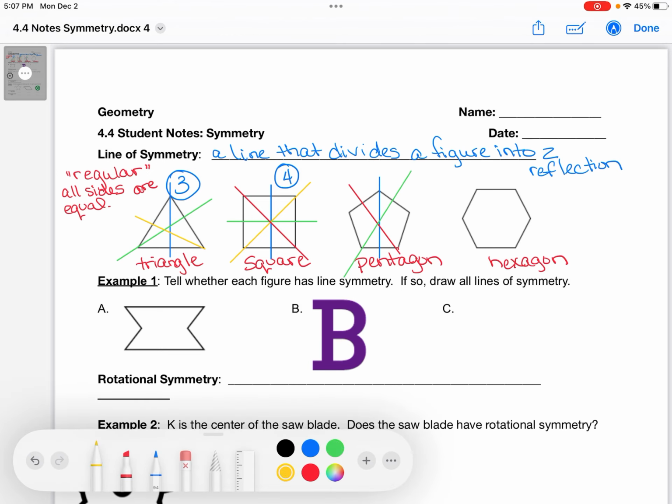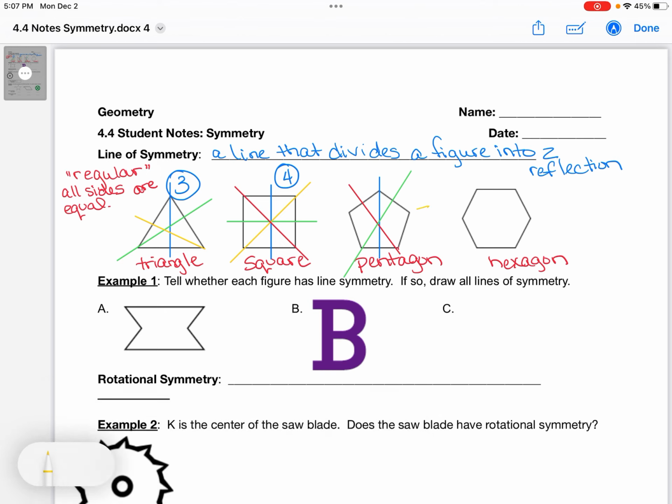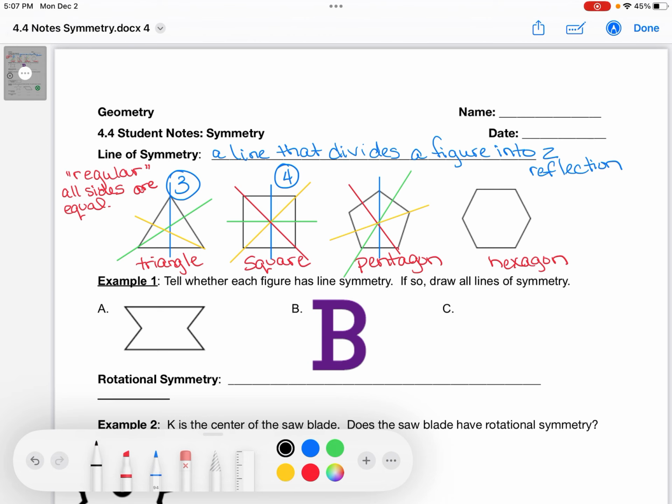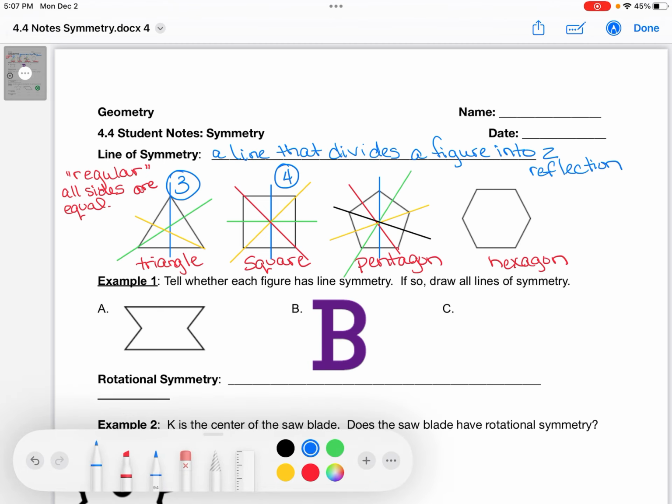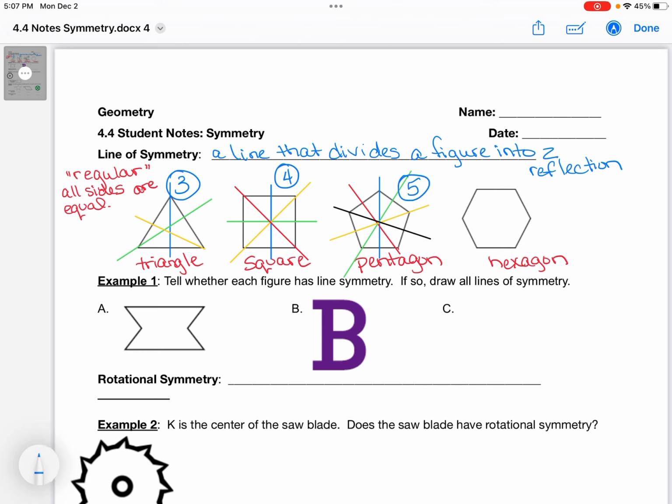So every place where there's a point, I can basically cut it in half. I need one more. Okay, so there's 5 lines of symmetry because all the sides are equal length, and so it cuts down the middle easily.